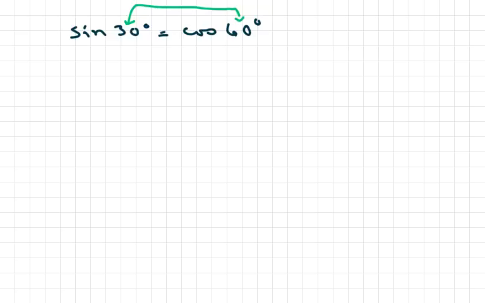I have sine of 30 degrees equals cosine of 60 degrees. So basically, these are the complementary angles. The green is complementary angles.